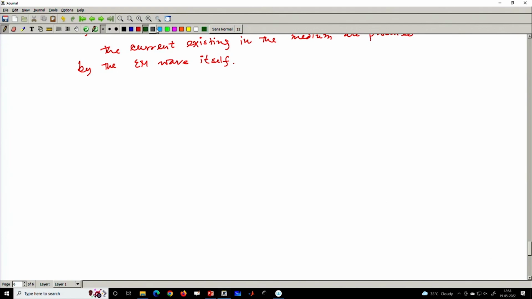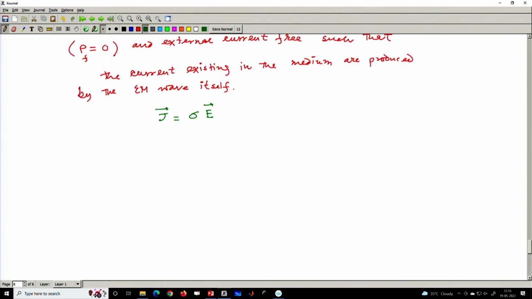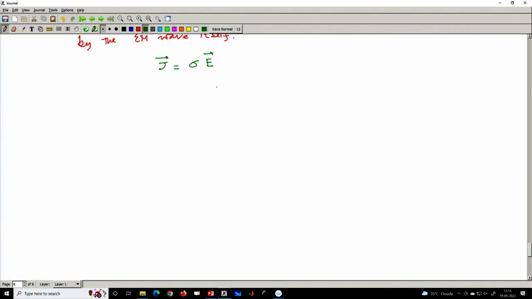We are simply talking about the current that is driven by the electric field, and I can write an expression like J is equal to sigma E. That is a well known equation. That is the relationship with the current that is governed by the electromagnetic wave. The electric field is there, so J should be sigma E, where sigma is the conductivity.